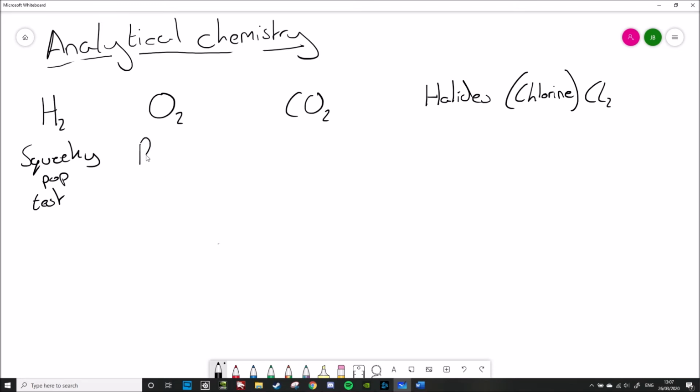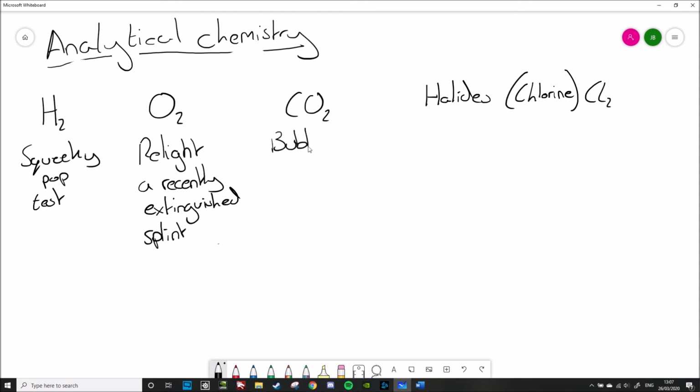O2, it will relight a recently extinguished splint. So the splint has just been blown out, you've still got embers there, you put it into oxygen and it will relight. CO2, we bubble through lime water.